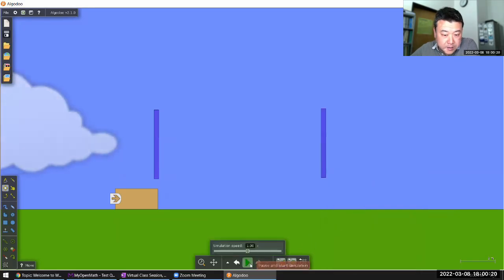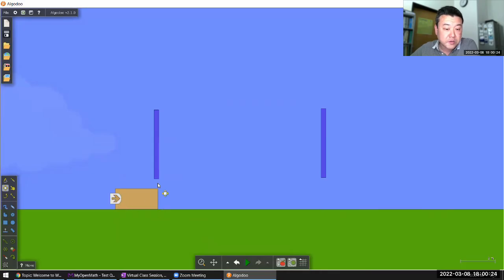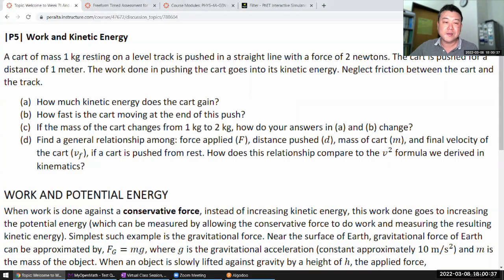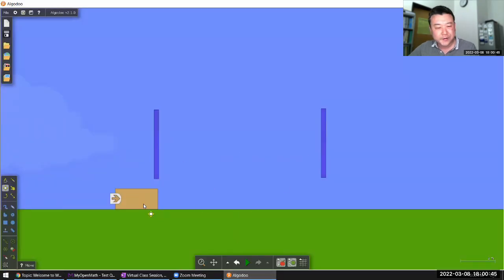Okay, so I have this set up, and I can time this thruster so that I turn the thruster on when it is here, and then as the front of this reaches this end, I can turn the thruster off. That's basically what this question is describing. A kilogram resting, apply a force of 2 newtons, push it for this distance. I didn't measure a meter, but let's say that's a meter.